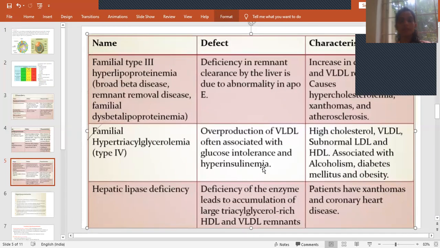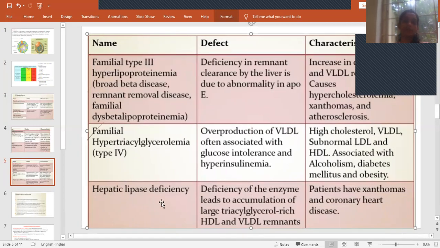The characteristics we will see here are high cholesterol and VLDL and subnormal LDLs and HDL, and it is associated with alcoholism, diabetes mellitus and obesity. As I said, glucose intolerance and hyperinsulinemia are caused by diabetes in diabetes mellitus patients, and it is also seen in alcoholics and obese patients.